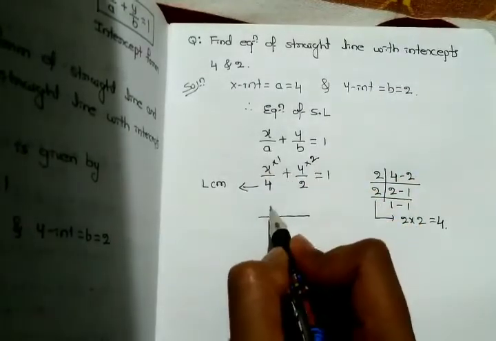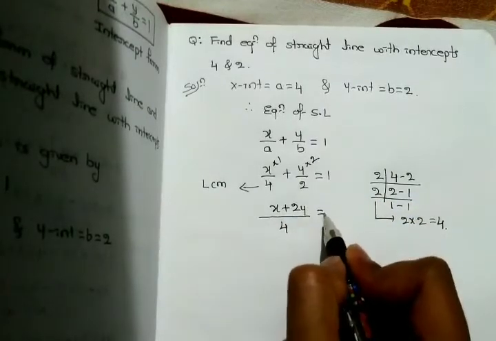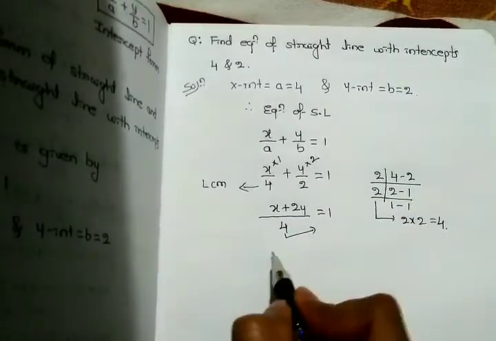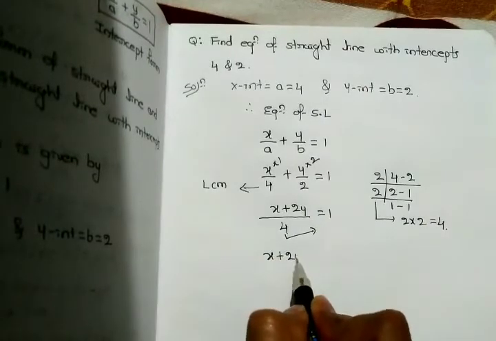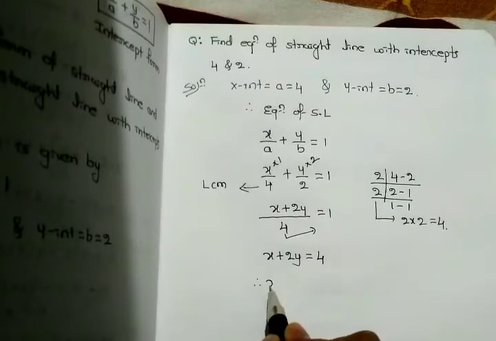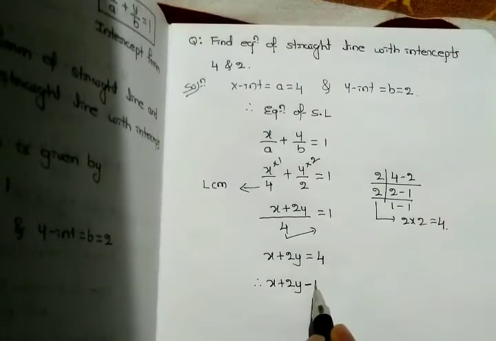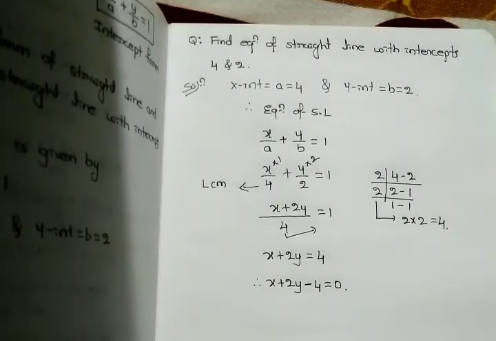So x into 1 is x plus y into 2 is 2y equals to 1. Next cross multiplication, x plus 2y equals to 4 into 1 is 4. Therefore x plus 2y plus 4 shift to left hand side, it becomes minus 4 equals to 0. So this is the required equation of straight line.